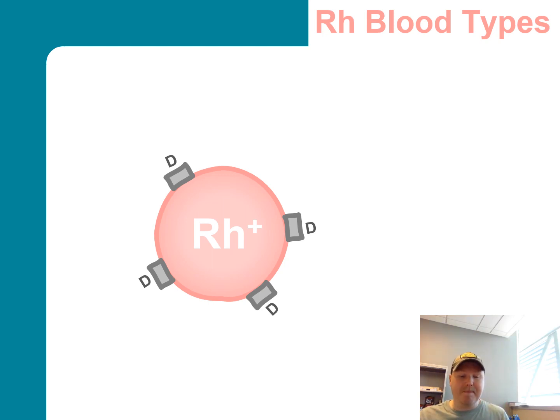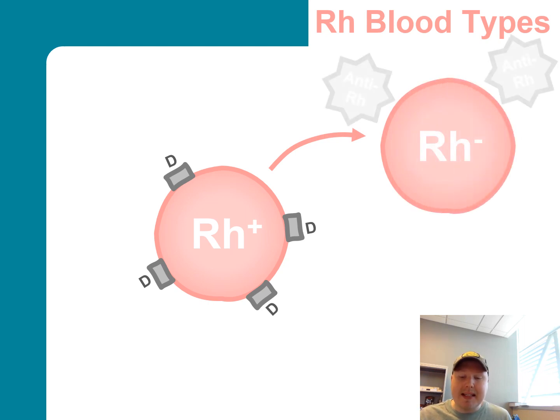But now, if rhesus positive blood is mistakenly given to someone who is rhesus negative, let's say by a blood transfusion, or from a fetus, we give that to someone who has rhesus negative blood, so they have no rhesus factor. Well, in this case, they normally have no rhesus factor antibodies in their plasma either.